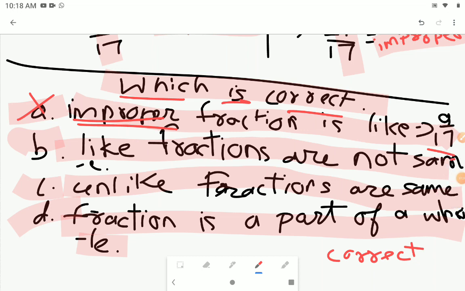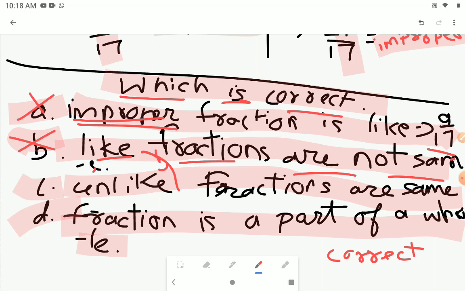Now see, like fractions are not same. Like fractions are same, so this also can't be. Unlike fractions are same? They are opposite. If like was over here and unlike was over there, it would be correct, but now it's wrong.